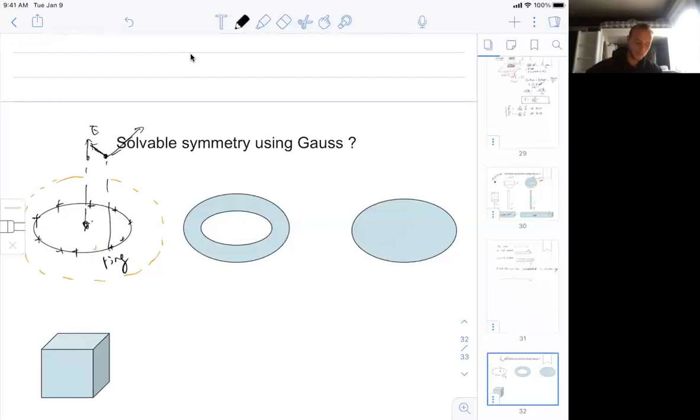So you can see that E will change directions if you shift, and likewise if you shift a little bit to the left. And the way E changes direction is not like how a sphere works. It's not in a radial direction. It's really hard to describe the direction of E at different locations.